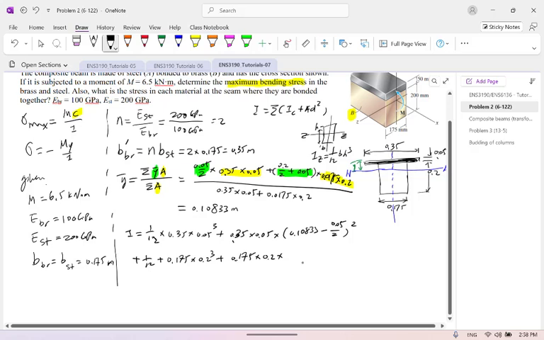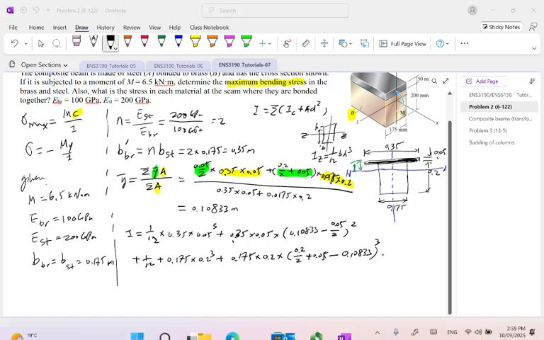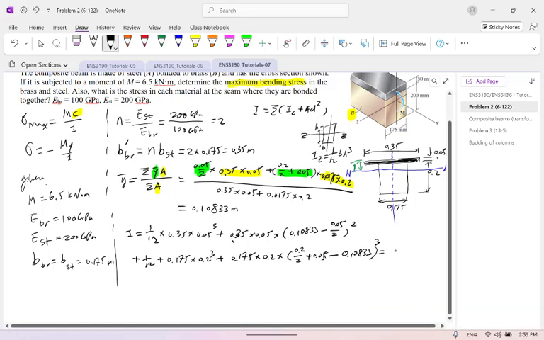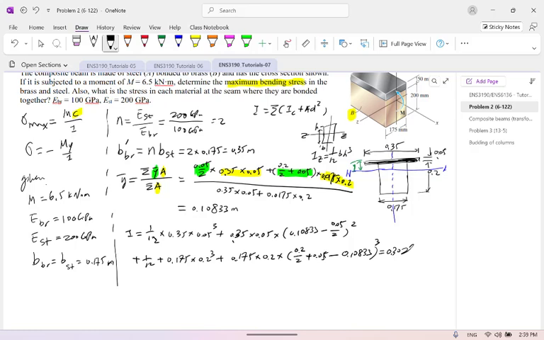Then of course the distance, half of the 0.2 plus 0.05, that is the position, minus 0.10833, squared. Then we can work out the answer: 0.3026 times 10 to the negative 3 meters to the power 4.